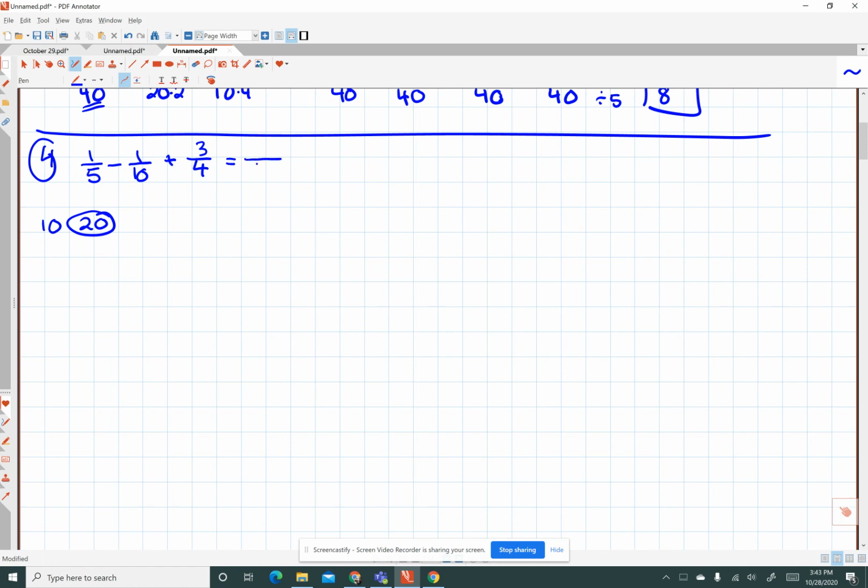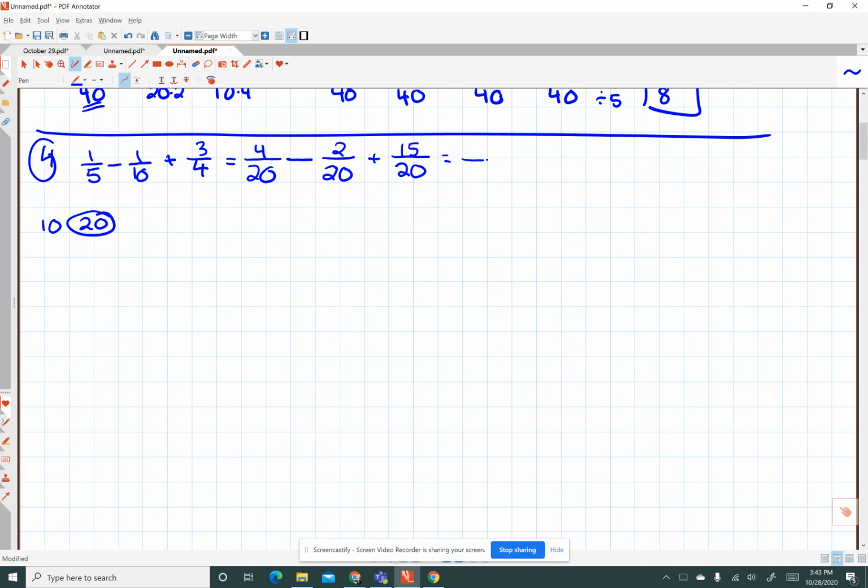So 1/5, 5 times 4 is 20, becomes 4/20. 1/10 becomes 2/20, and 3/4 becomes 4 times 5 is 20, 3 times 5 is 15.